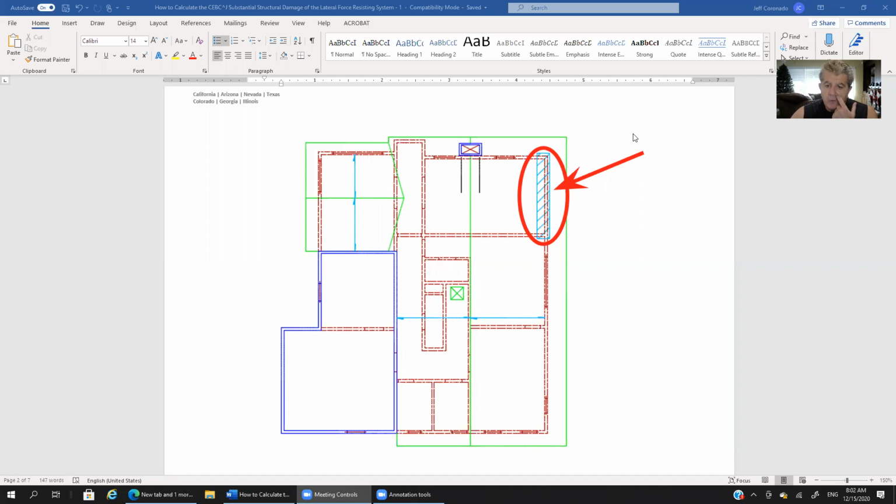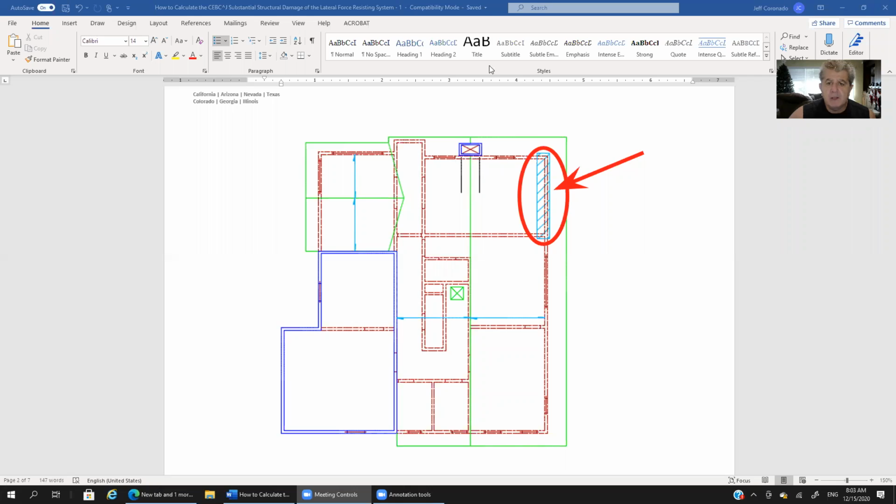So, okay, how do we evaluate if this, in accordance with the California Existing Building Code, is going to trigger substantial structural damage or not? Well, we have to determine the effective length of the wall. If you're not clear on what the effective length of a shear wall is, let us know at the end of this tutorial and we'll try to point you in the right direction.